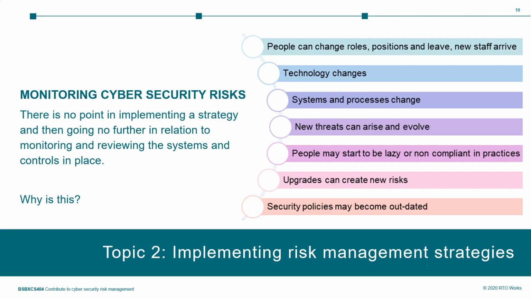We need to keep up to date with technology as it changes, and any systems and processes that we have in place. I mean, business is like any other living organism. It goes through changes. It evolves over time.